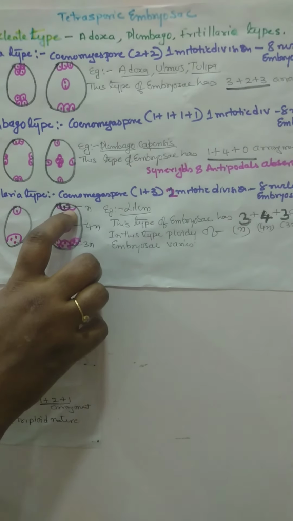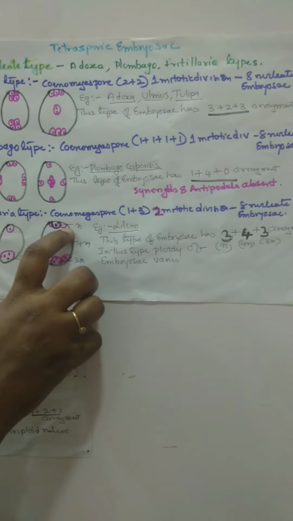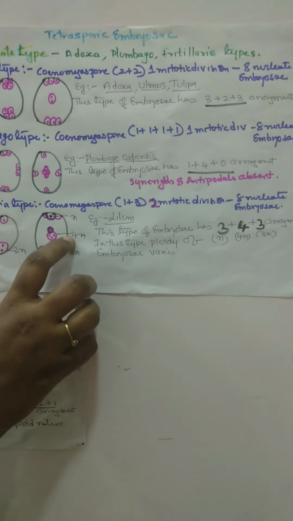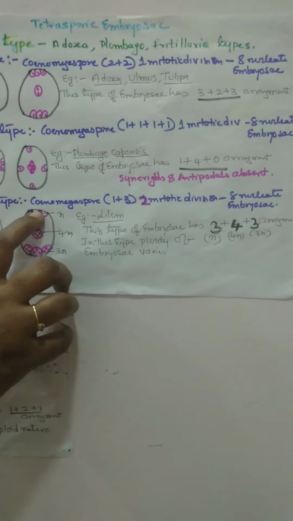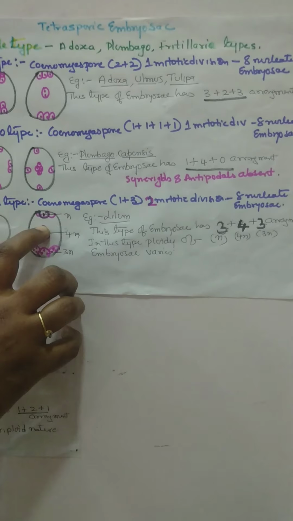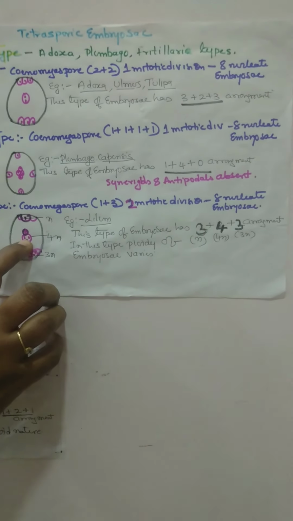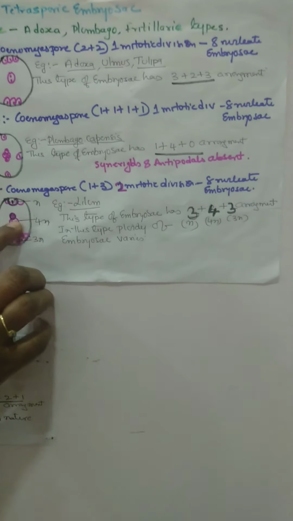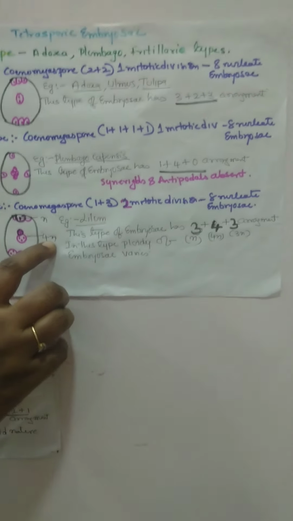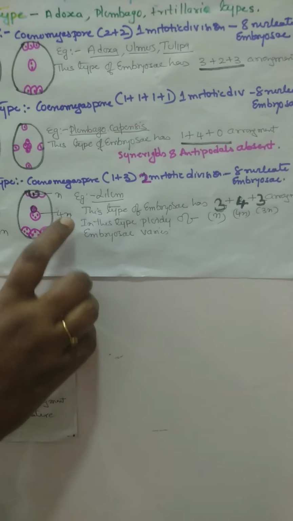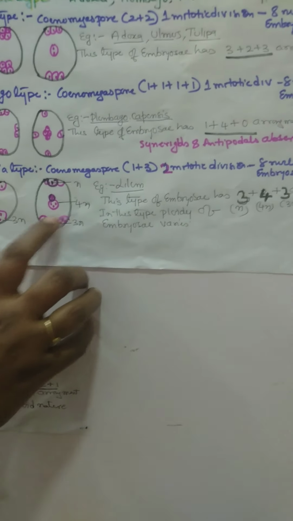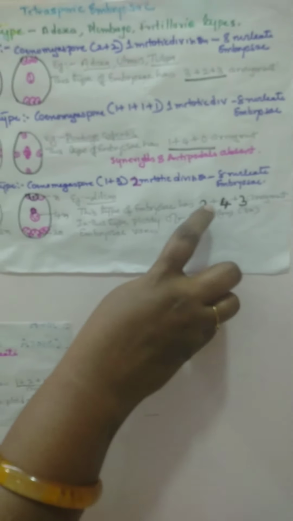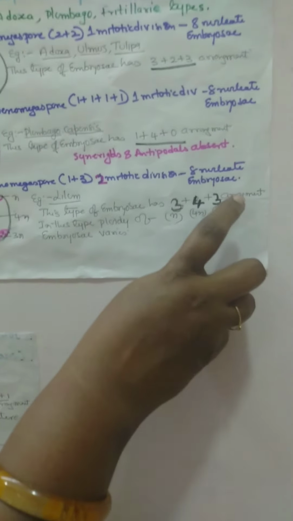We find that towards the micropylar end, haploid egg apparatus is seen, and in the center we come across a 4 nucleate structure, because 1 haploid nucleus from the micropylar side and a triploid nucleus from the chalazal cell has migrated into the center. So the polar nuclei is 4 nucleate in nature, and we find that there are 3 antipodals which are triploid in nature. So this typical embryo sac arrangement is 3 plus 4 plus 3.